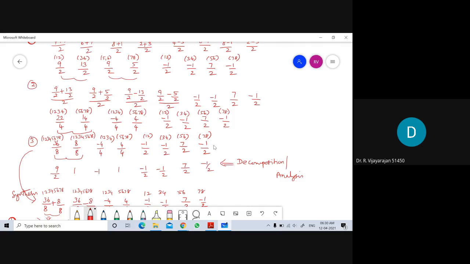So on the whole, this is the approximate coefficient. All the remaining values are detailed coefficients.